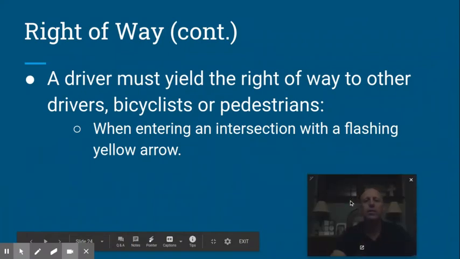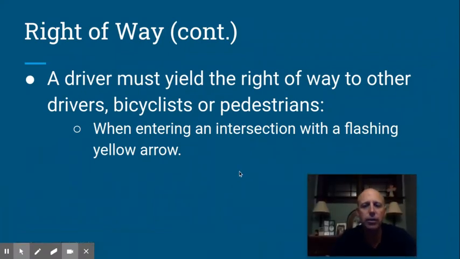We are continuing with our right-of-way scenarios, and you might remember that right-of-way just means who gets to go first in what situation. A driver must yield the right-of-way to other drivers, bicyclists, or pedestrians when entering an intersection with a flashing yellow arrow. These have become really popular in the last 5-6 years.